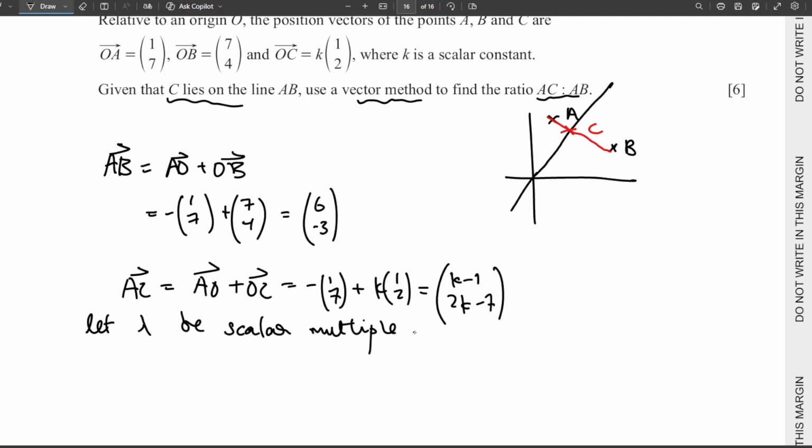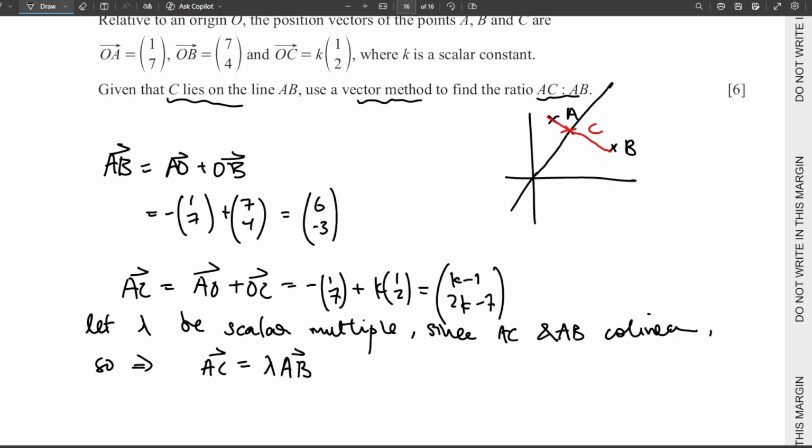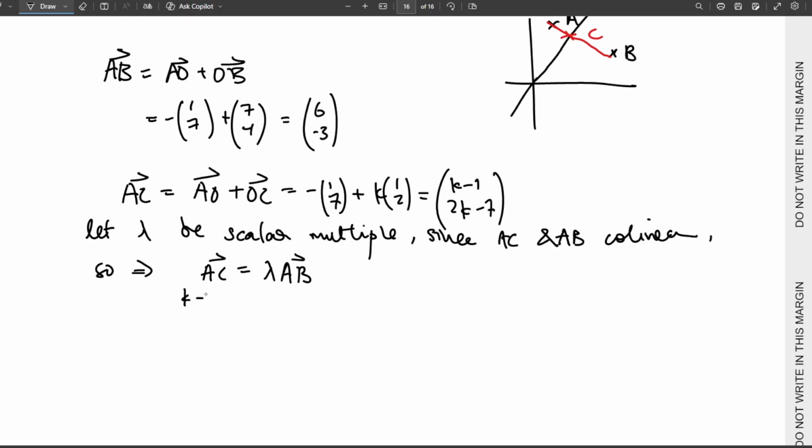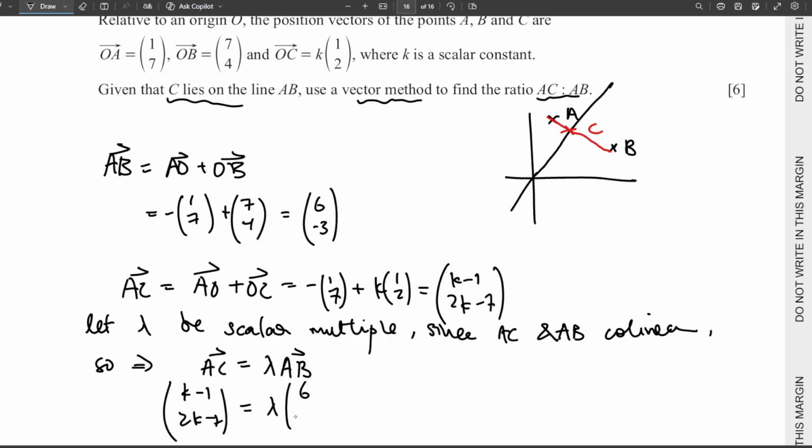Since C lies on AB, AC and AB are collinear, so this must be true: AC is a scalar multiple of AB. So (K minus 1, 2K minus 7) you can equate to lambda times (6, negative 3).